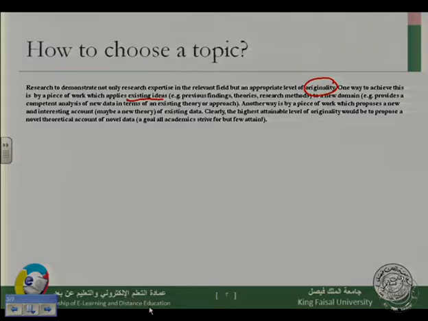Another way here is number 2. It's number 1. Another way is by a piece of work which proposes a new, novel theoretical account of novel data, a goal all academics strive for but few attain. What does that mean? This is harder than before. Another way is trying to find something novel, something very, very new.